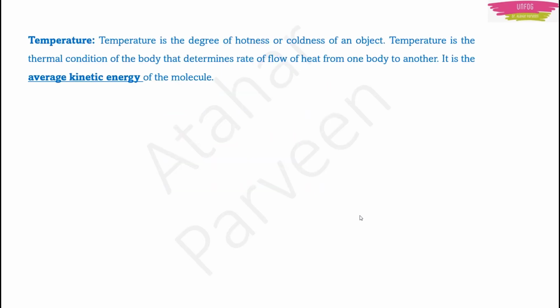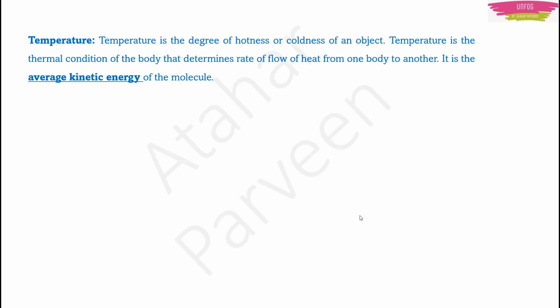Now let's talk about its friend. Its friend is temperature. It is not the same as heat, but it is a close friend, I can say. Temperature is nothing but the degree of hotness or coldness of an object. Okay, it is one thermal condition actually. It is one thermal condition which will determine the rate of flow of heat from one body to another.